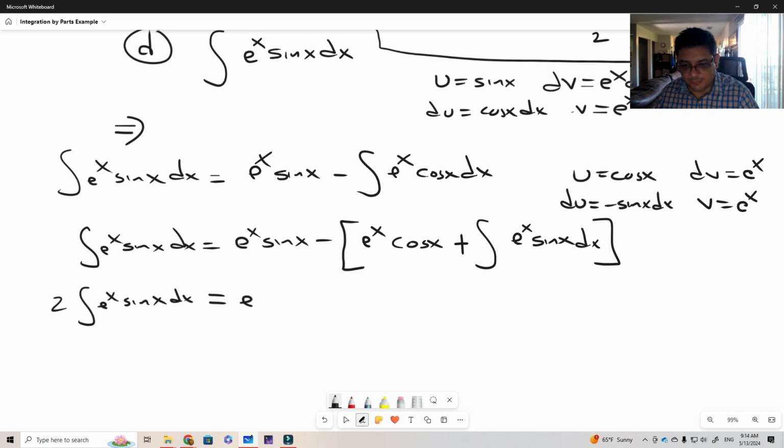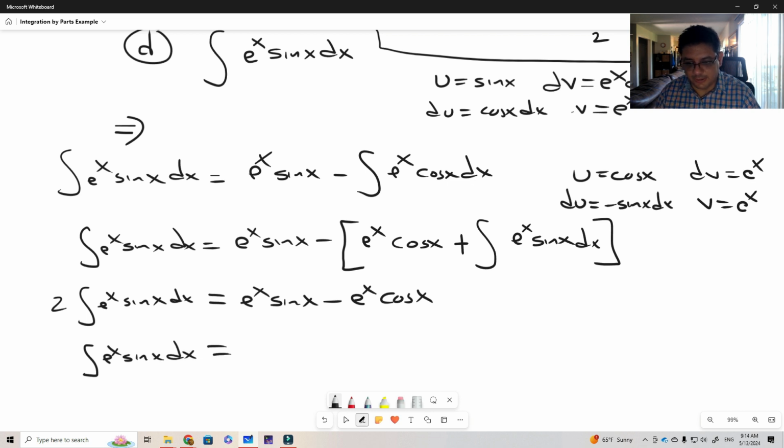And this side becomes e to the x sine of x minus e to the x cosine of x. So again, this is another of those scenarios where we obtain the final value after doing iteration of the integration by parts, and the integral of e to the x sine of x dx becomes e to the x sine of x minus e to the x cosine of x, divided by 2.